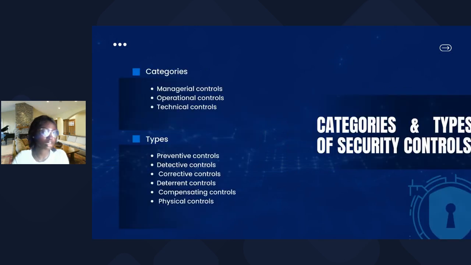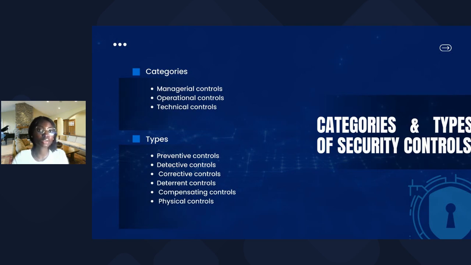On my next slide, I have the categories and types of security control. Security controls are categorized, and there are also types, right? They are categorized into three major categories: managerial, operational, and technical controls.